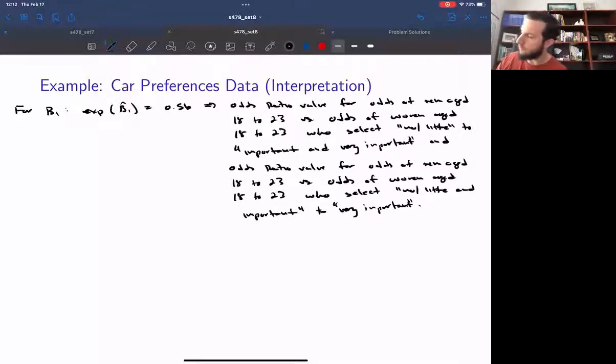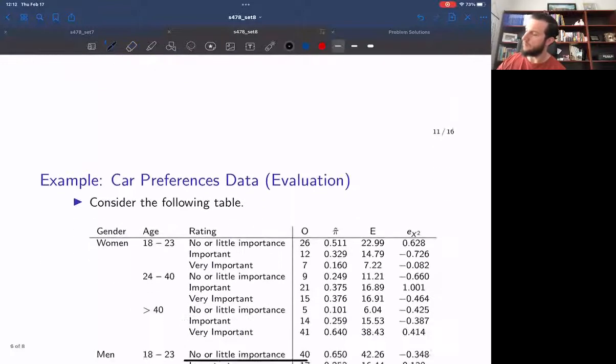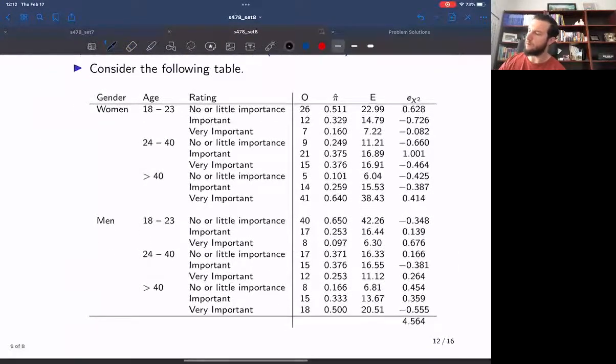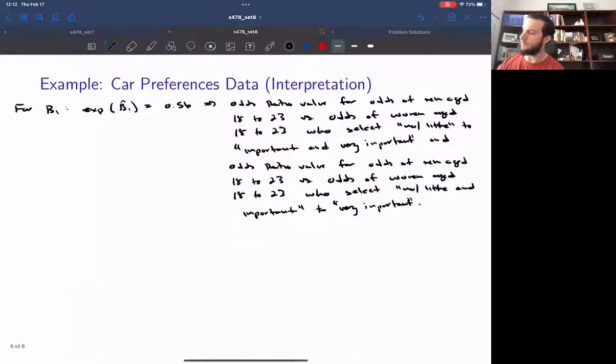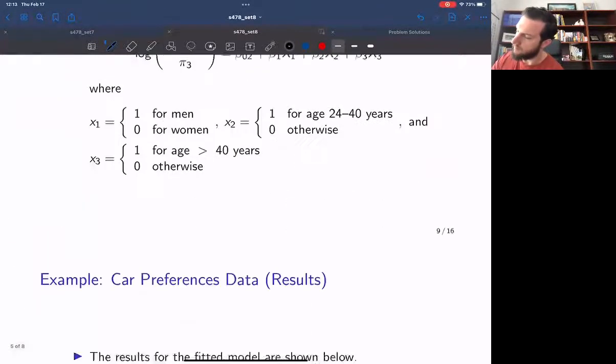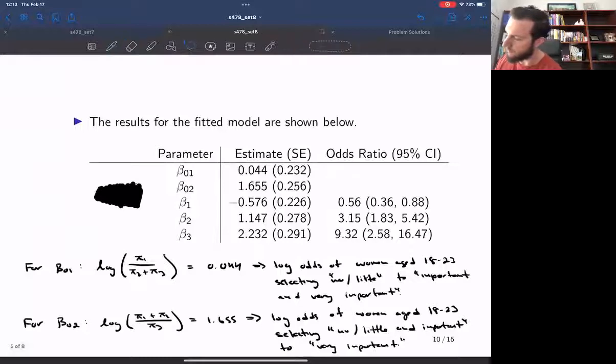Okay, and then we can also extract from this the different probabilities. I've built the same table I did before. Again, we have pi hat 1 plus pi hat 2 plus pi hat 3 is equal to 1. From the previous slide, I'm just going to grab these two things.